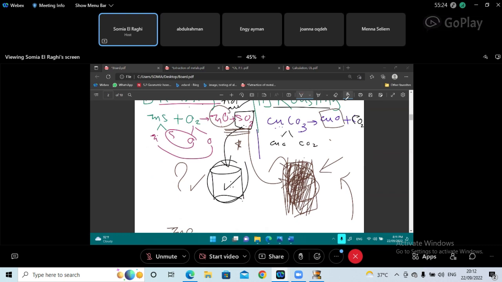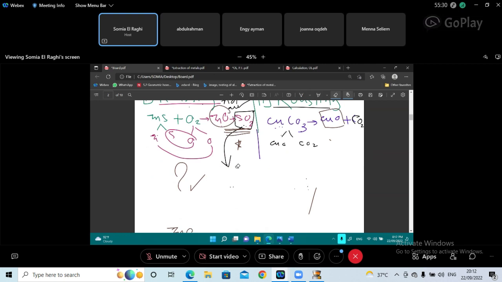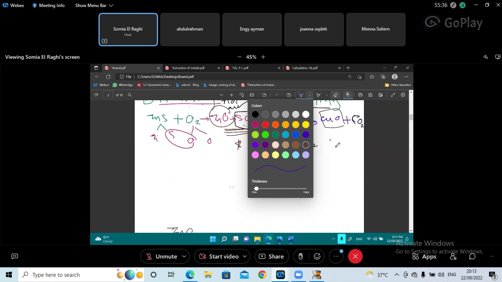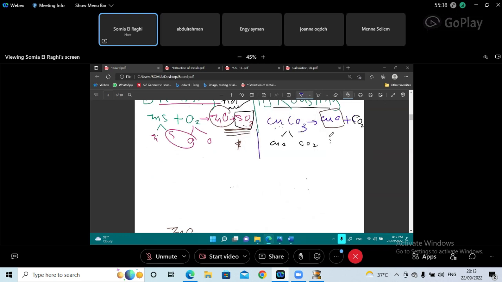So what do we do to remove the oxygen? Reduction. First step roasting, and next step reduction. Let us do it together. It is exactly similar to reduction of iron oxide. So next step reduction for both metals.